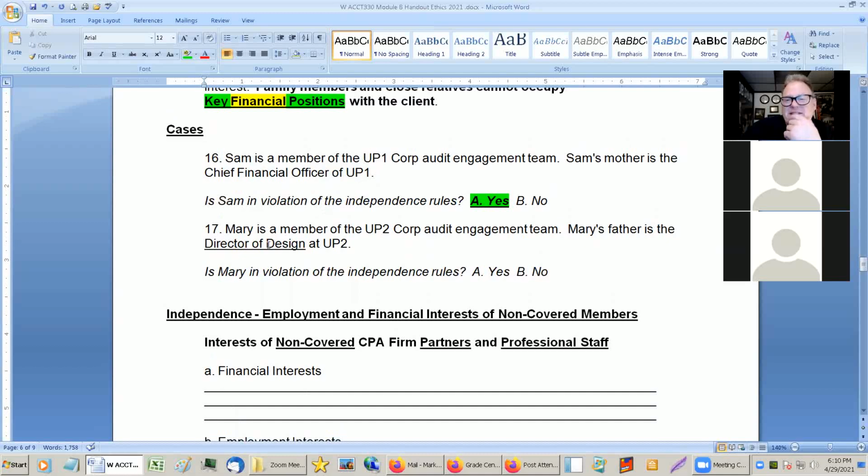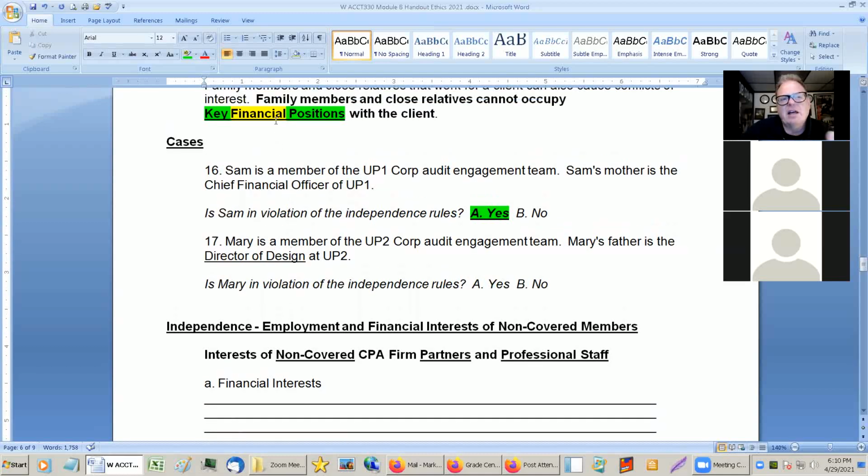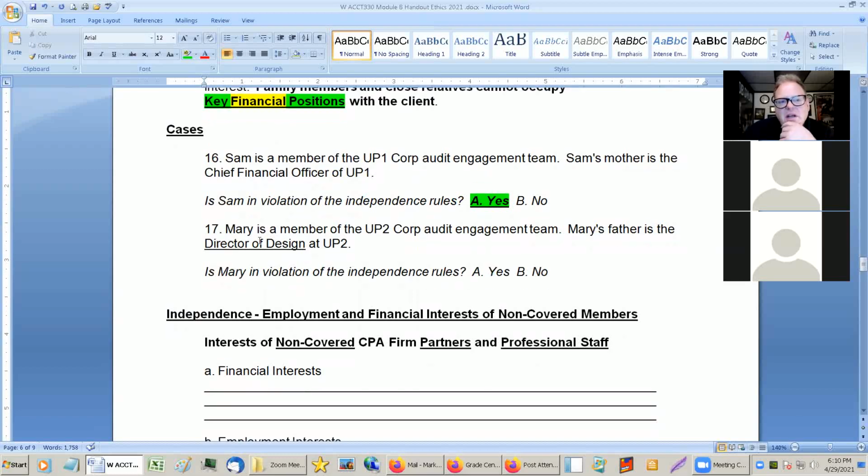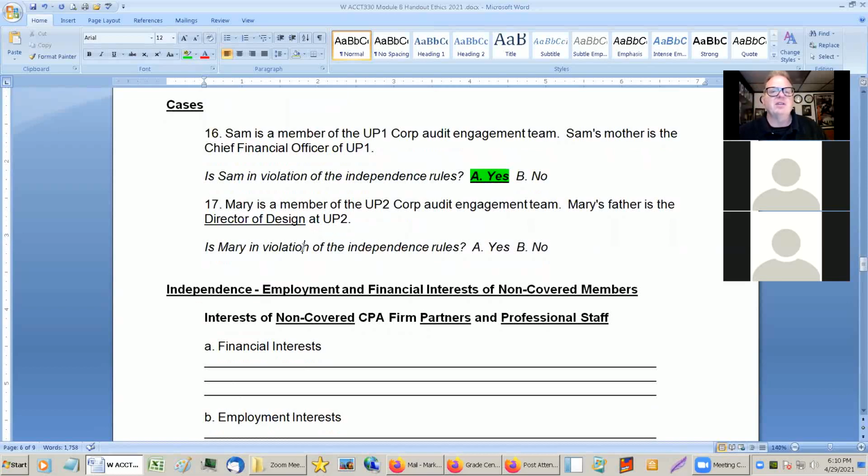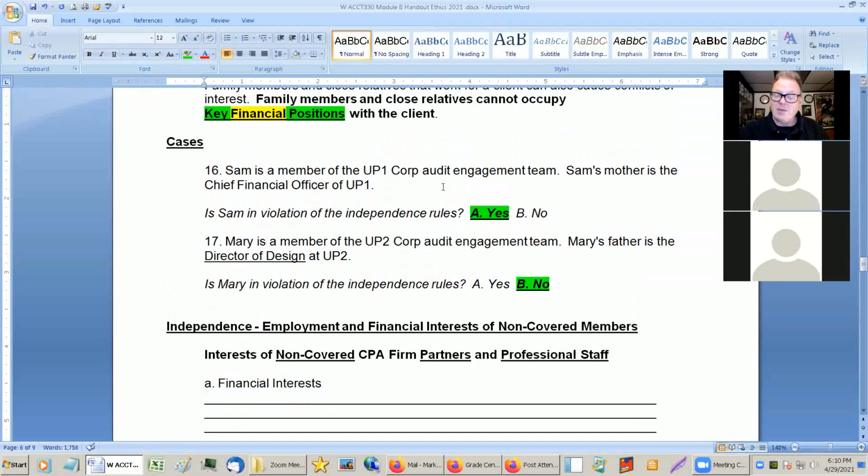I'm not even sure what director of design would be, but it doesn't sound like a financial position. If it is financial, then yes. But just looking at it, it's probably some kind of design firm or something. So is she in violation of the rule? No, because it's most likely not a key financial position.